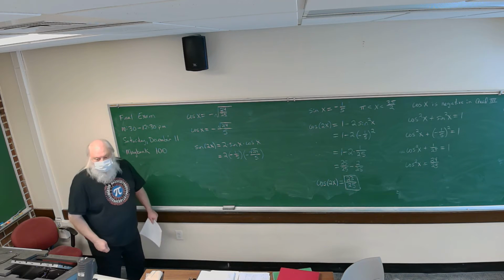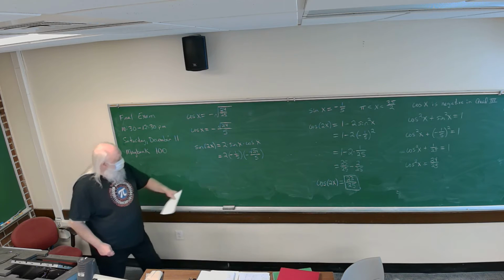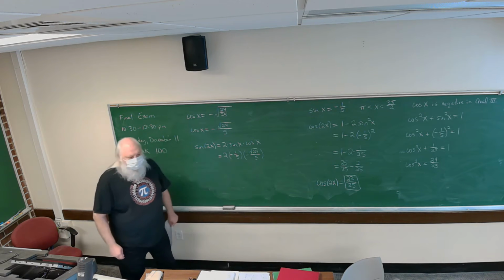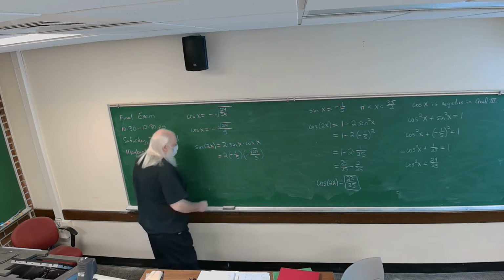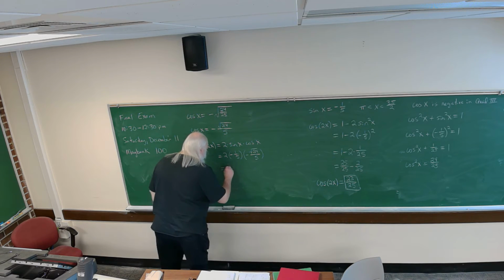And now I'm just multiplying three numbers, okay? And so, negative times a negative is positive. And so I have 2 times the square root of 24 over 25.